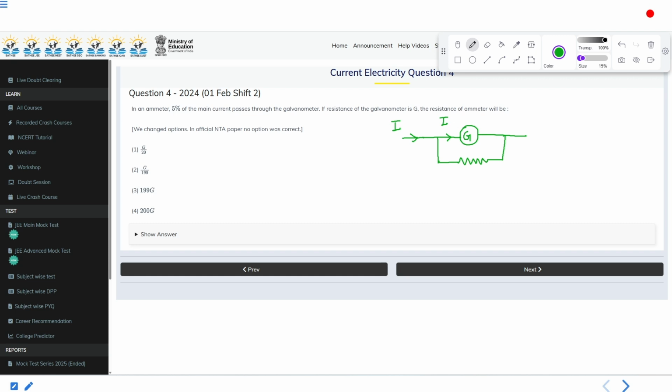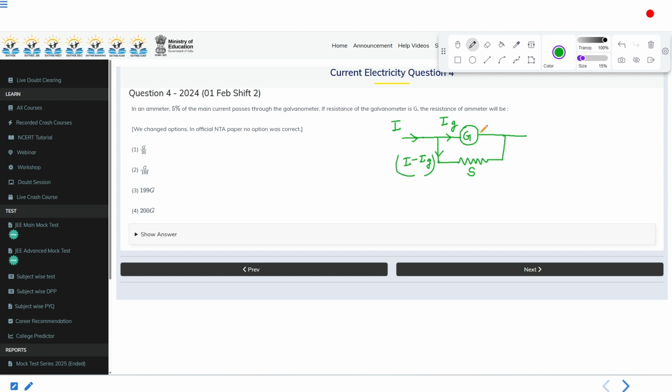The current going through the galvanometer is marked as Ig, and the current going through this shunt, having resistance S, is I minus Ig. So the galvanometer has resistance G and this shunt resistor has resistance S.